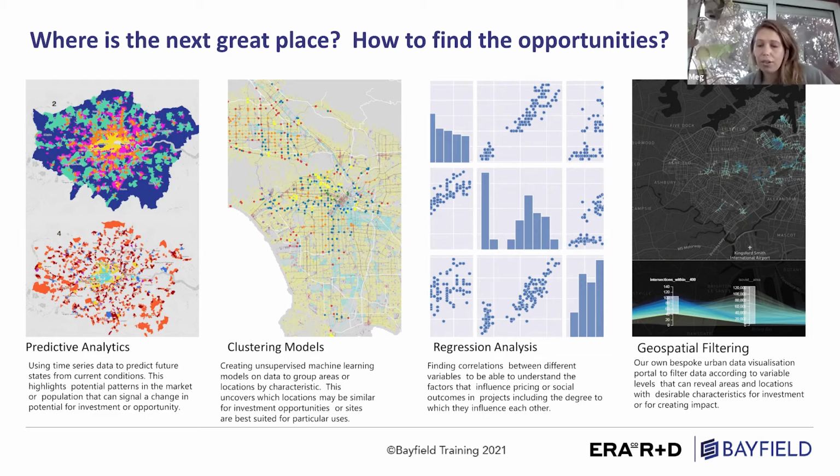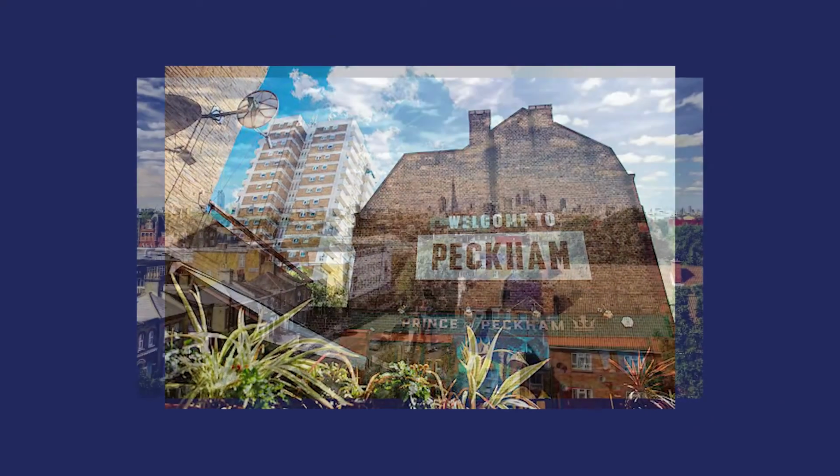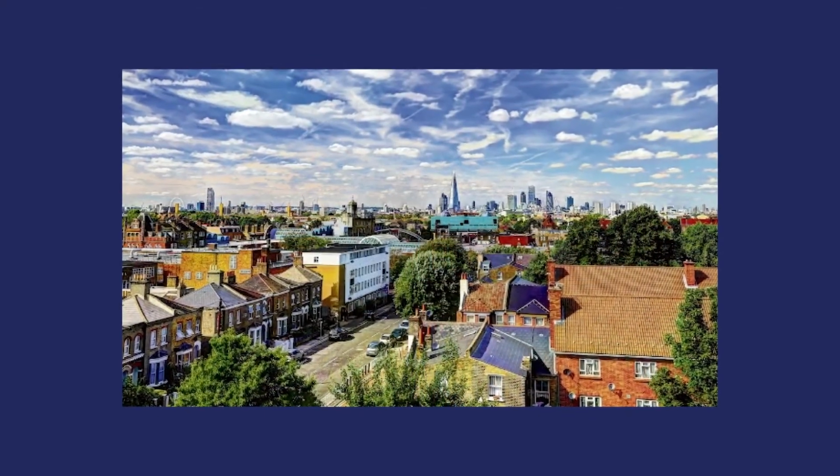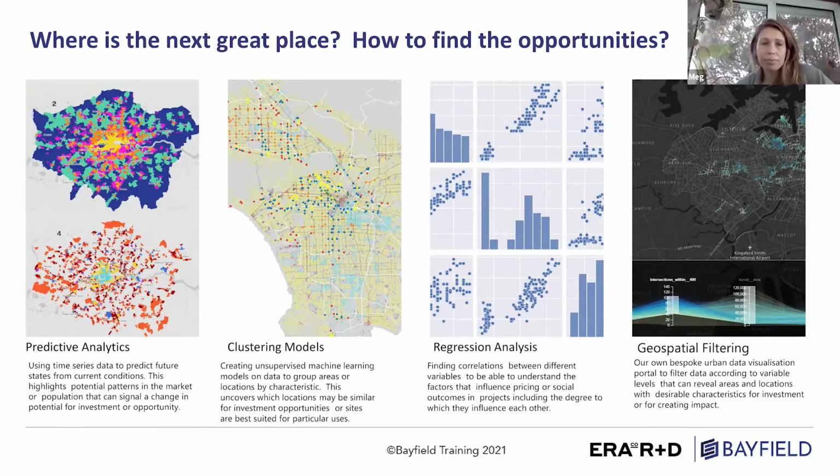Taking the example of London, if there's a hot new neighbourhood, Peckham, for example, had an incredible amount of investment over the last few years. If it's going to be a hot new place, what are the other places that are very similar to it that might be the next new thing you should invest in now?